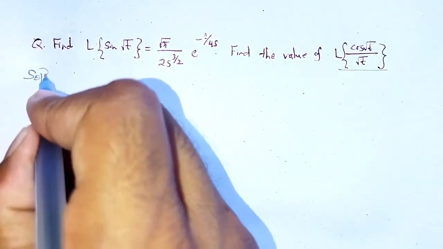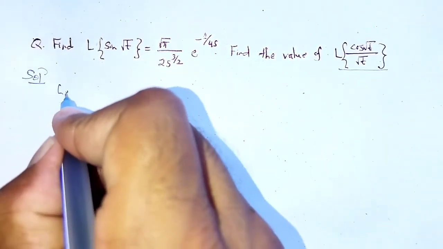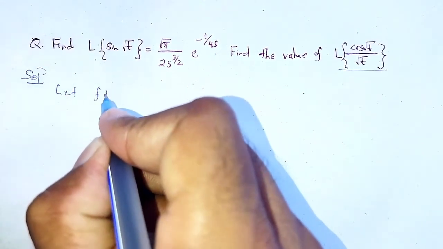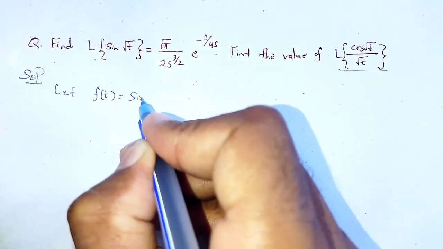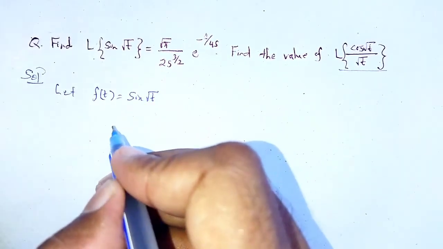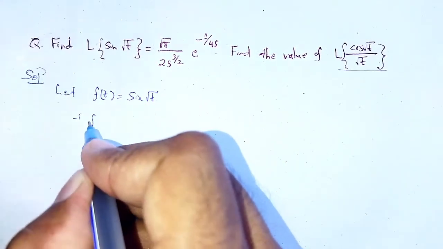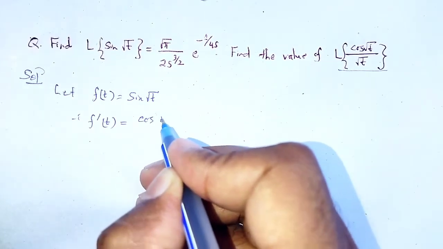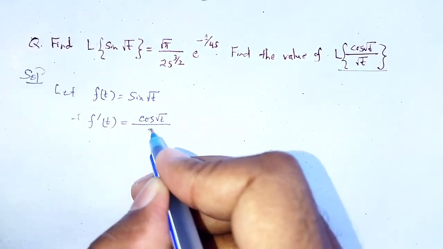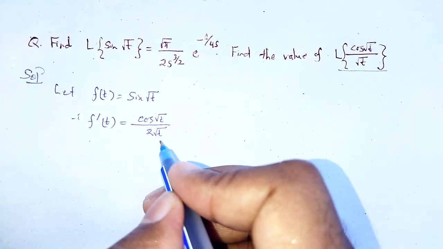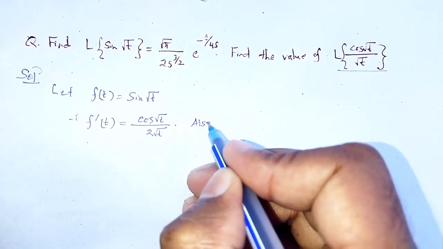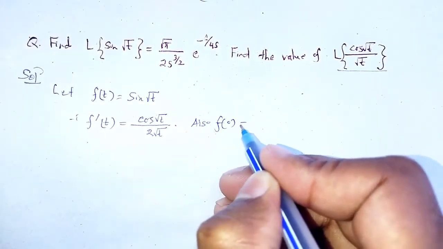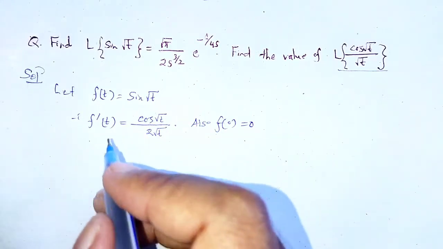So, the solution, let us choose a function f of t as sine under root of t. Therefore, its first order differentiation f dash t is equal to cos under root of t divided by 2 under root of t. Also, f at 0 is equal to 0.